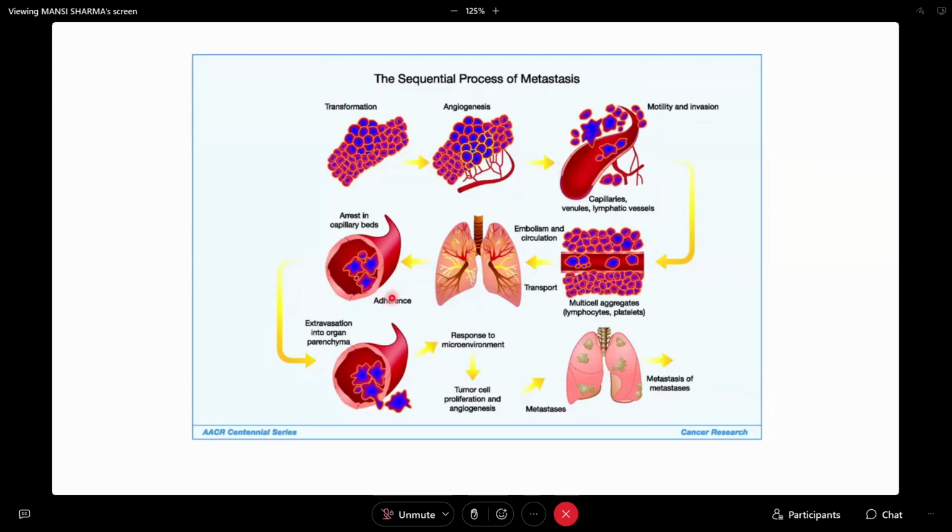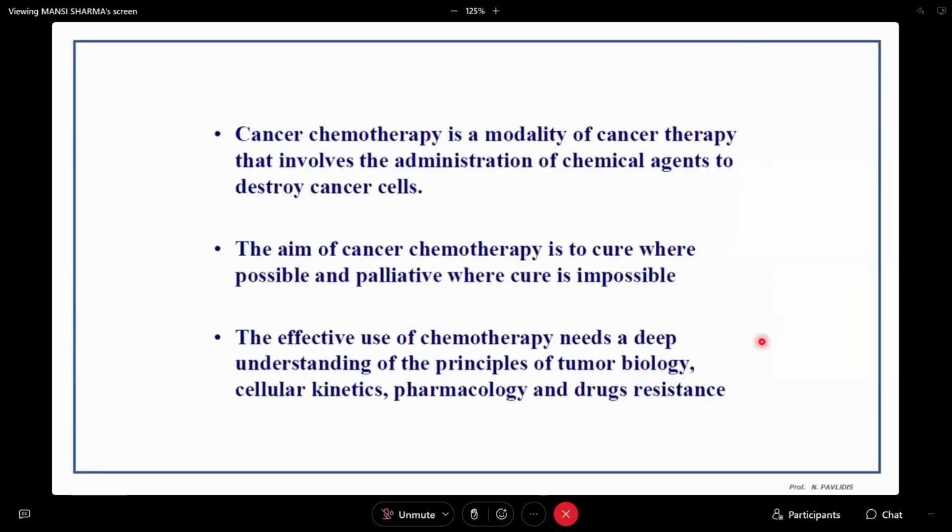They adhere there, again with the use of a lot of cytokines, chemokines, and other chemicals. They extravasate into the organ parenchyma, and if the microenvironment is suitable, they again start with the same procedure all over again. They develop angiogenesis and so on and so forth, and hence this leads to metastases and metastasis of metastases and so on and so forth.